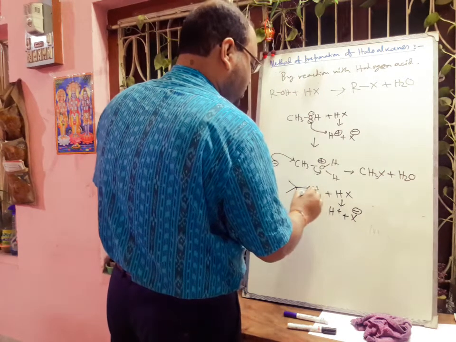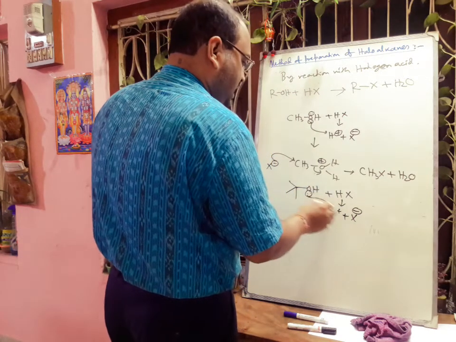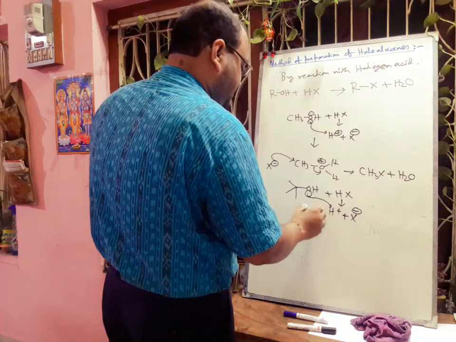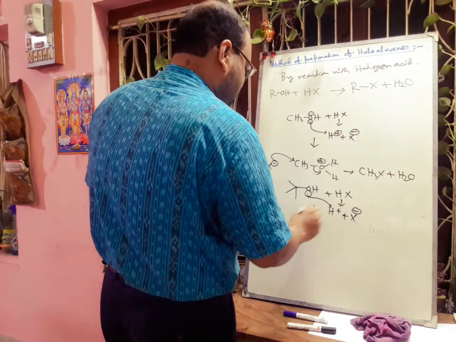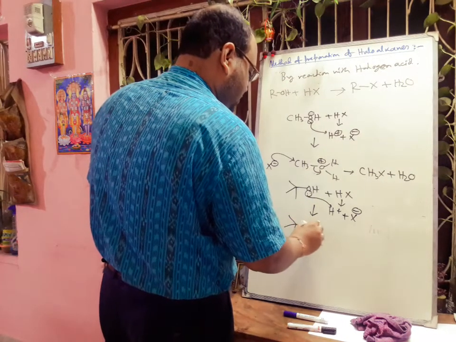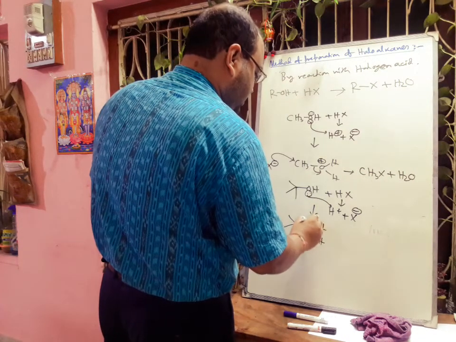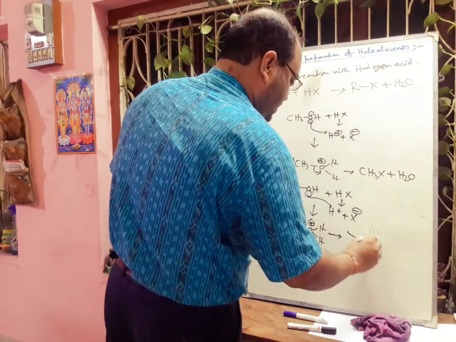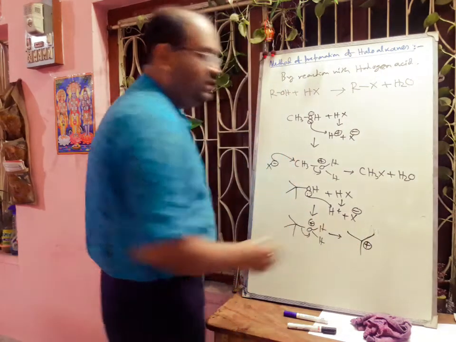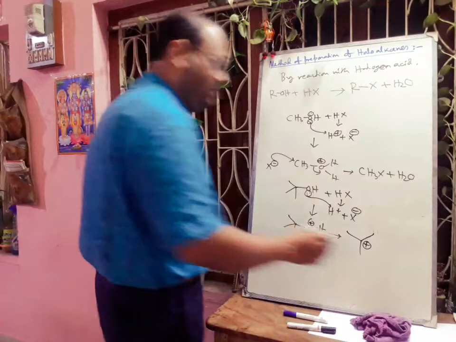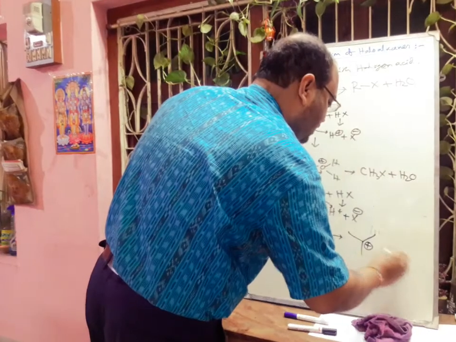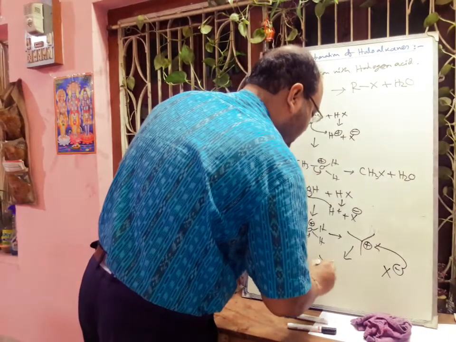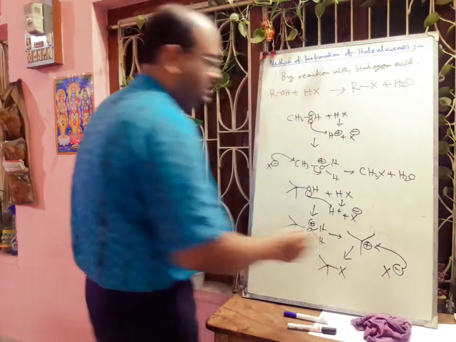This lone pair will accept the H plus, and there will be formation of ROH2 plus. Then this bond will break, and there will be formation of carbocation. If it is a 2 degree or 3 degree carbon, that is very stable, then X minus will add here, and finally we will get the corresponding tertiary alkyl halide.